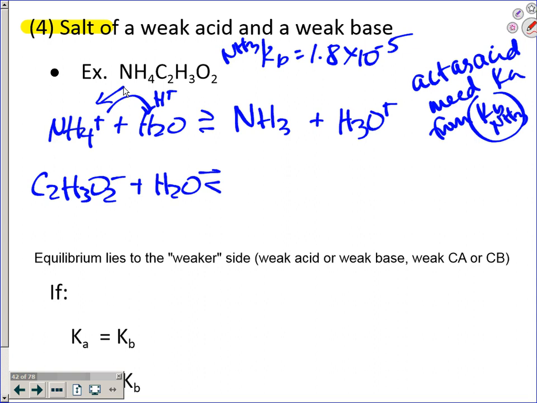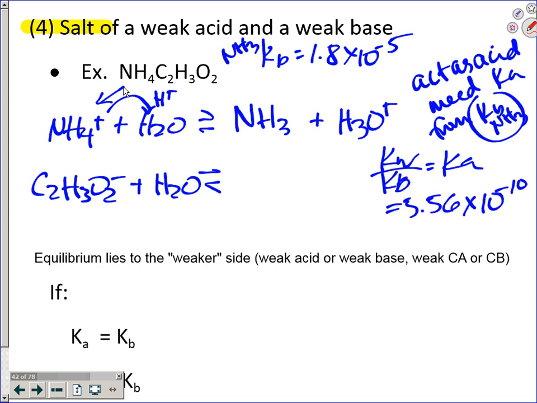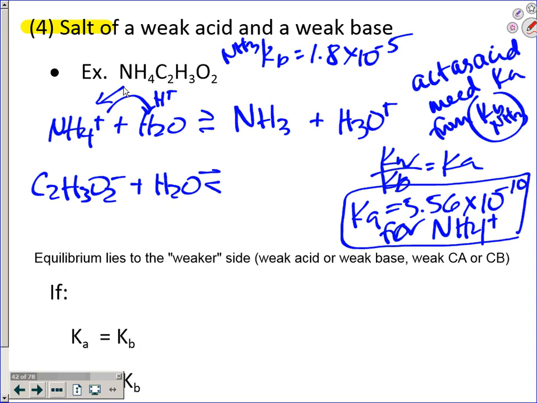Okay, and we actually just did a problem with this, so quite easy to show that worked again. So that was 5.56 times 10 to the negative 10. So this is the Ka for ammonium. With me? So we know that it has to come from the Kb of ammonia because that's its counter ion.